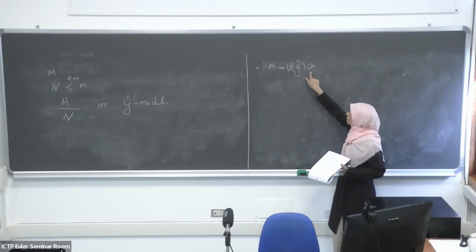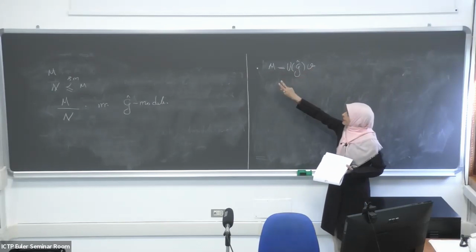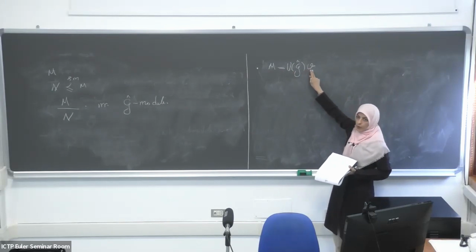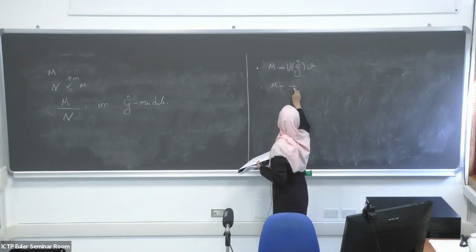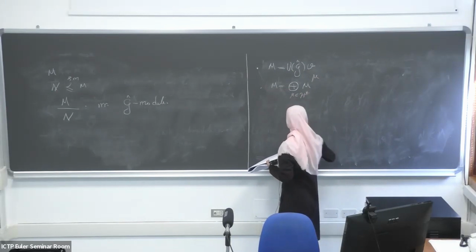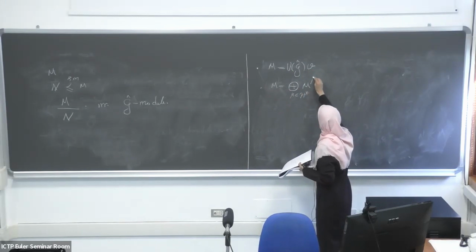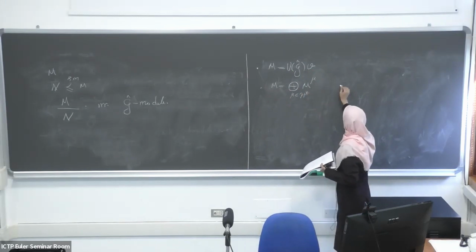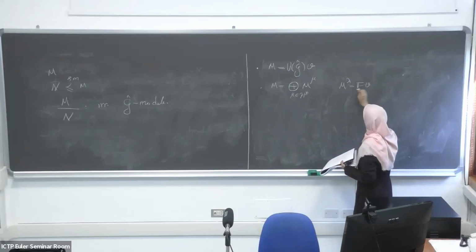Because you have V, and then using the module action, you get all the elements. We say that M is generated by V. M has a weighted space decomposition with respect to H. M lambda is precisely FV.